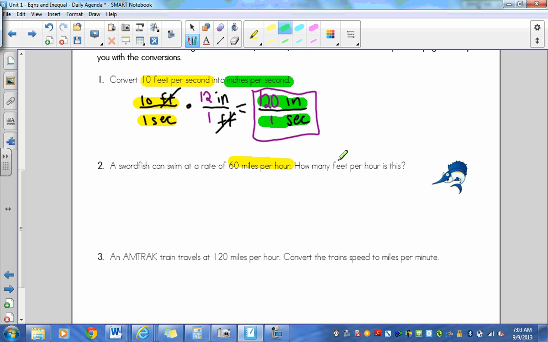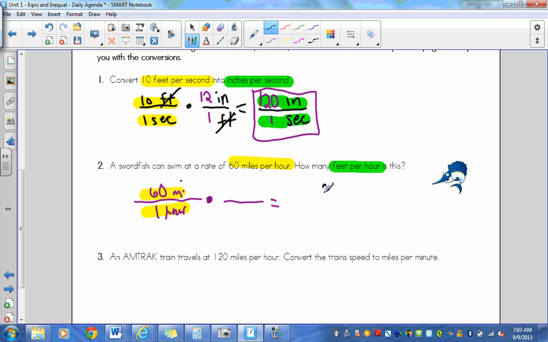A swordfish can swim at 60 miles per hour. How many feet per hour is this? Alright, so 60 miles per 1 hour. I know I've got to multiply it by some unit rate where the numerator and the denominator are the same, so it equals 1 and I don't change the value of the fraction.